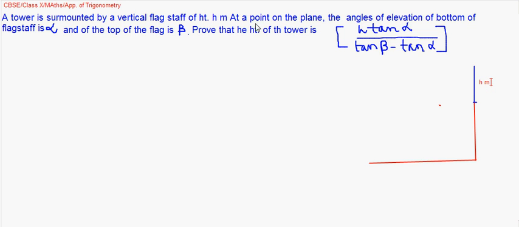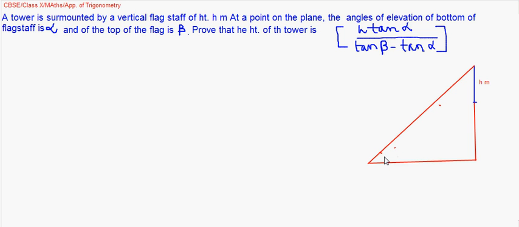At a point on the plane, the angle of elevation of the top of the flagstaff. Okay, so top of the flagstaff, this is supposed to be alpha, and it says from the bottom is alpha.